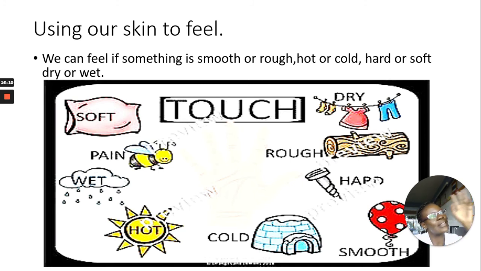When the sun is in the sky and it's too hot, when you touch your skin, you feel hot. So we can feel different things: soft, wet, hot, cold, rough, hard, dry, and smooth. These are the ways we can feel things, with our skin or when we touch them with our hands.